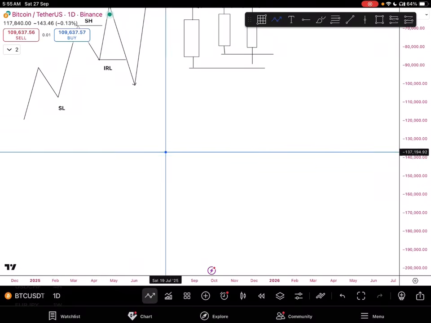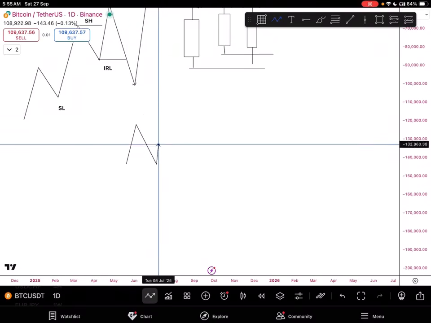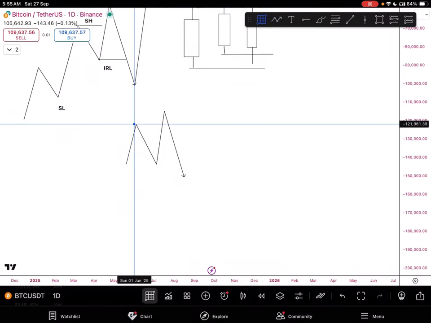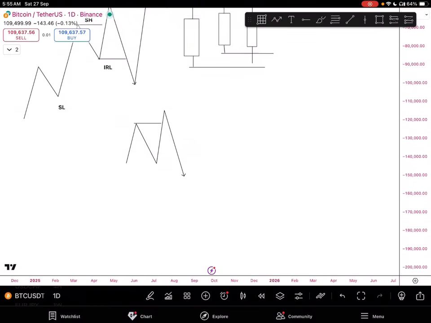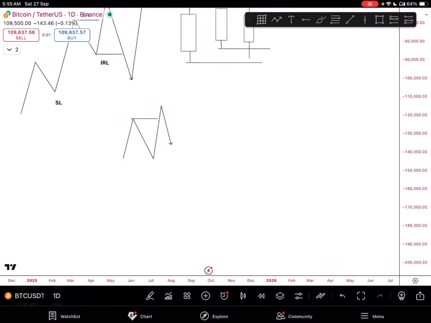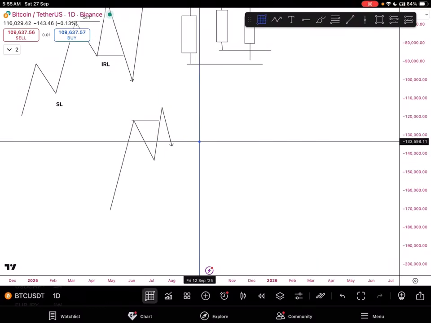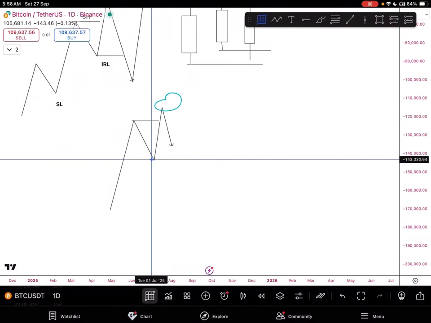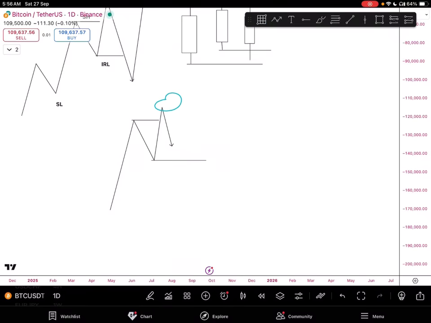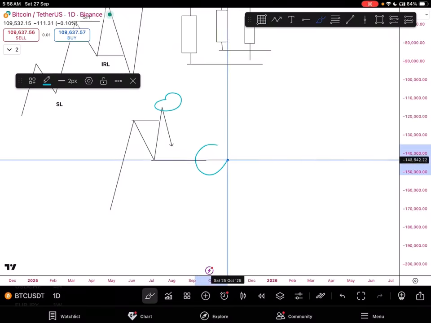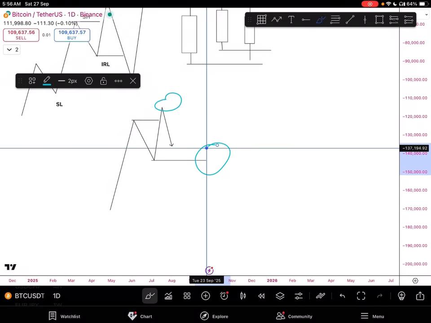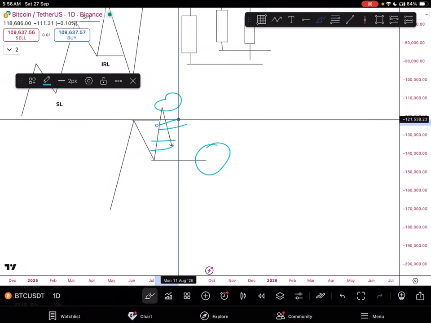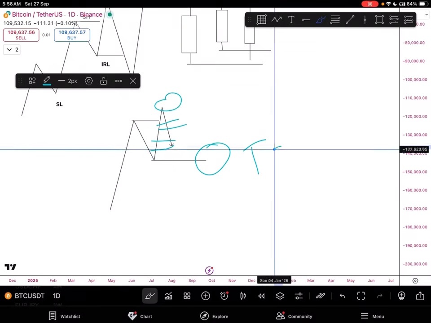After taking the previous day high or previous weekly high, the price is heading to here. So our target is here. We cannot buy in this area because our higher time frame target was this one.